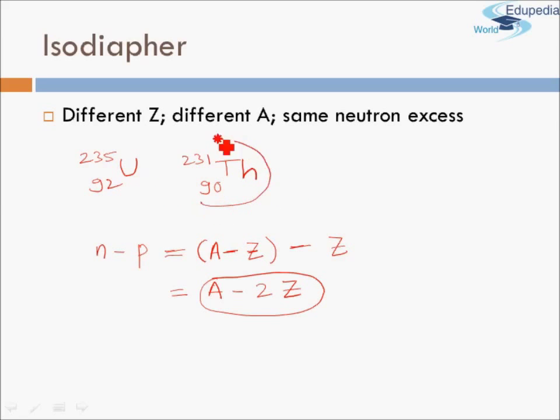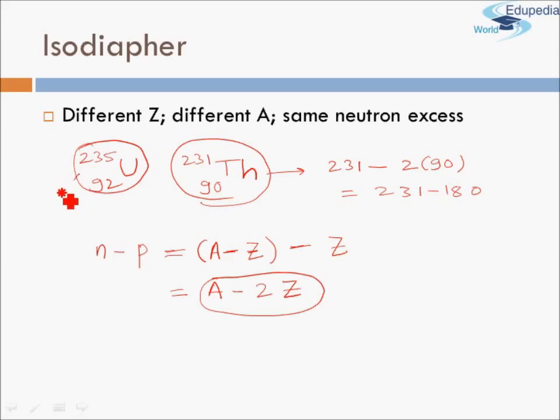For thorium, the value of A, that is the mass number, is 231, minus twice Z, the atomic number, 90. So 231 minus 180. Similarly, for uranium, A minus 2Z will be 235 minus 2 into 92. You will find that both these numbers come out to have the same value. So such species are called isodiaphers.